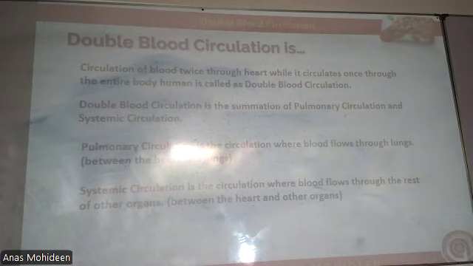Circulation of blood. Twice through the heart, while it circulates once through the entire human body.